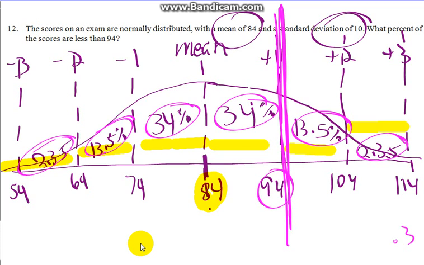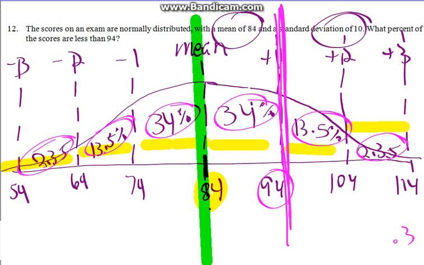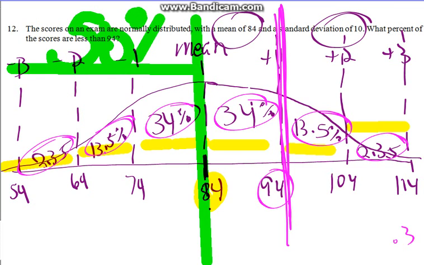So what we have to do is now realize that half of this data is 50%, right? Half of this data, here's half. That means that this half is 50%. And the other half is 50%. That we can be sure of. Now, what we want to do is add this 50% plus this much.